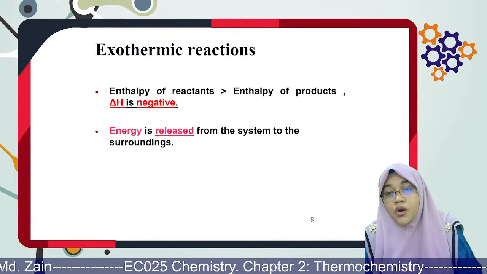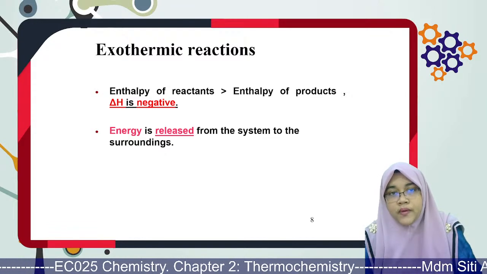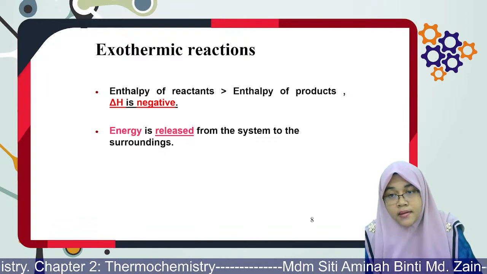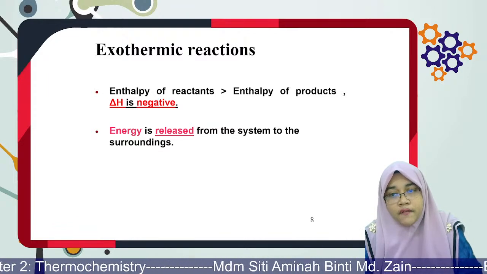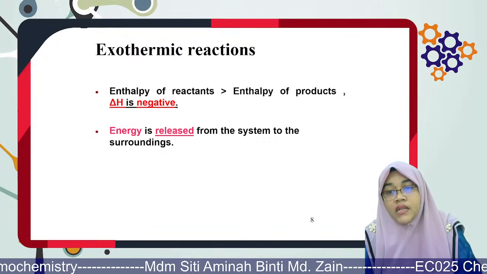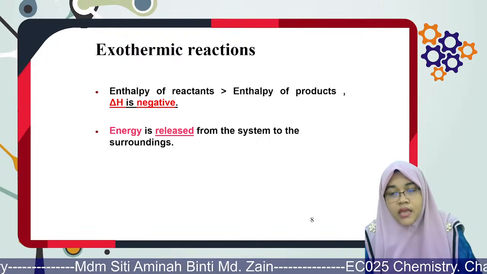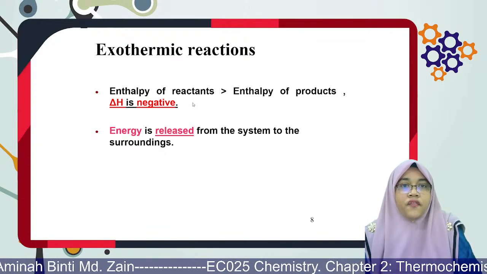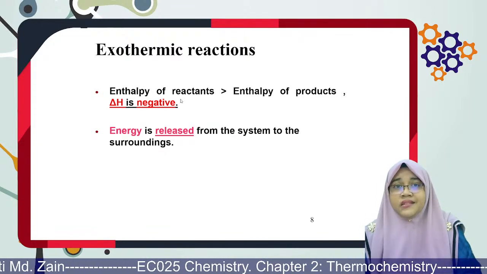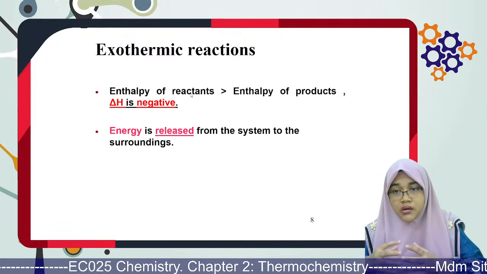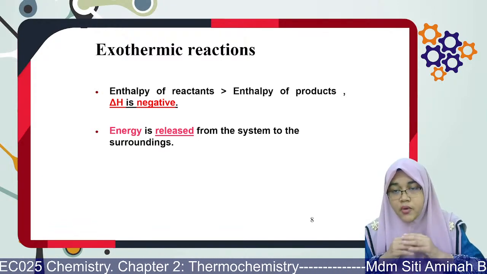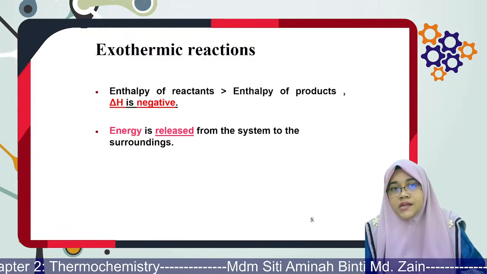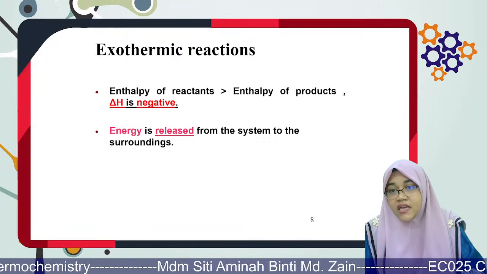So, we go to the next issue, which is the exothermic reaction. What is exo? Maybe you are familiar with the word exo. You have already learned it in your secondary school. Okay, let's recall what we have learned. In exothermic, the energy of the reactant, which we call enthalpy, is always higher than the product.